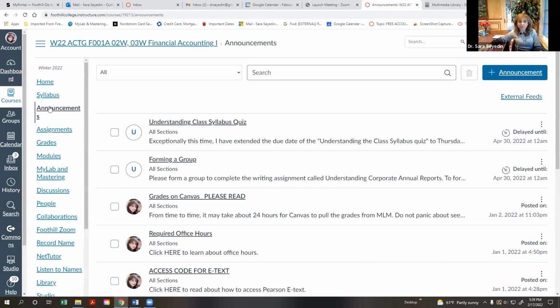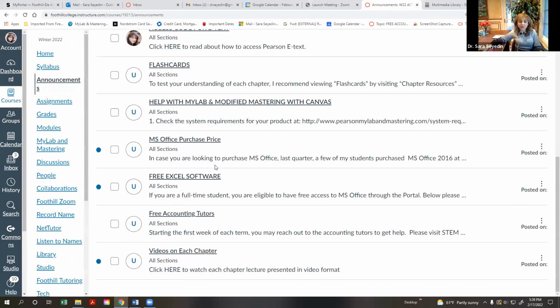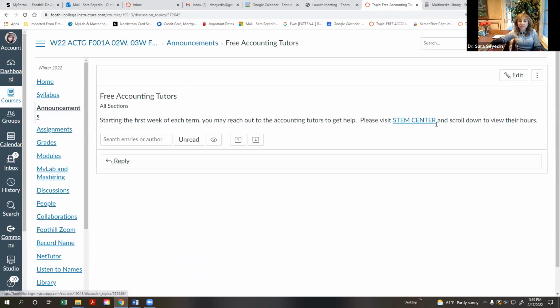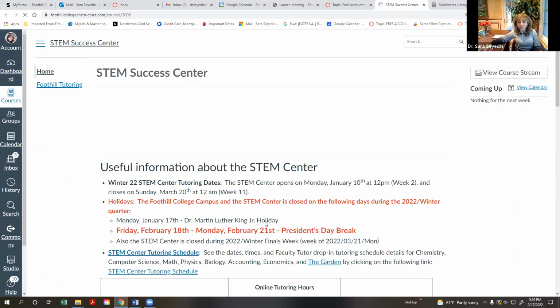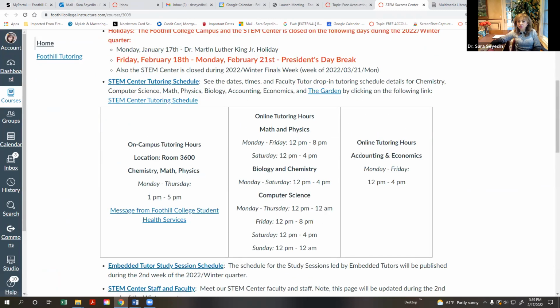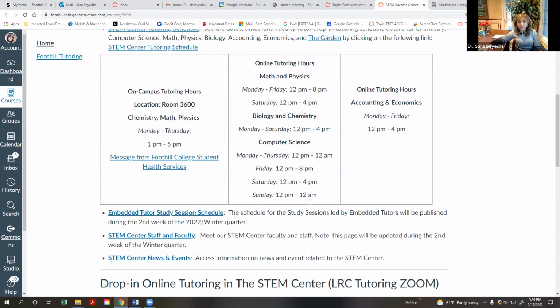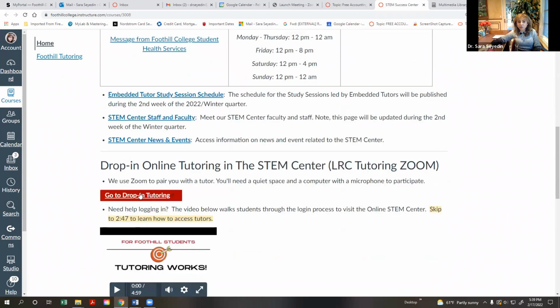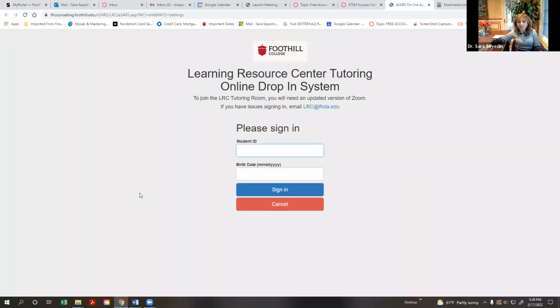Once you are in the announcements, you scroll down until you find free accounting tutors. And then click on STEM Center. That's where tutors are. And then notice it says online accounting tutors for accounting and econ 12 to 4. And then if you follow this, it says go to drop-in tutoring.